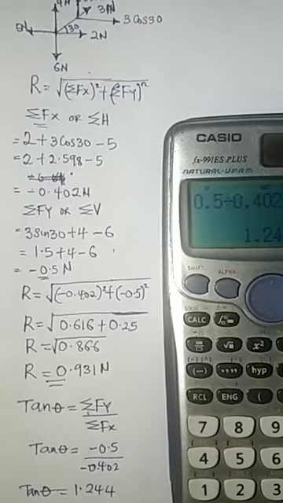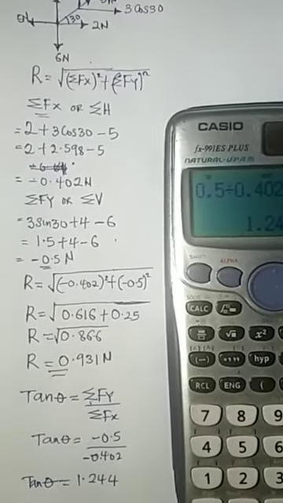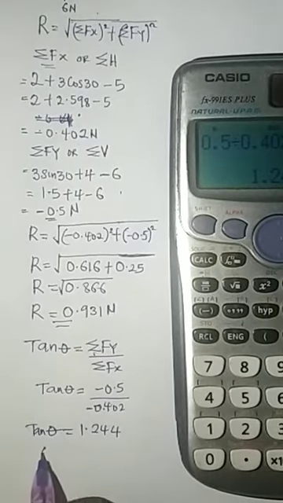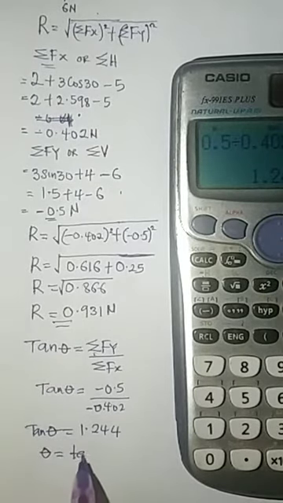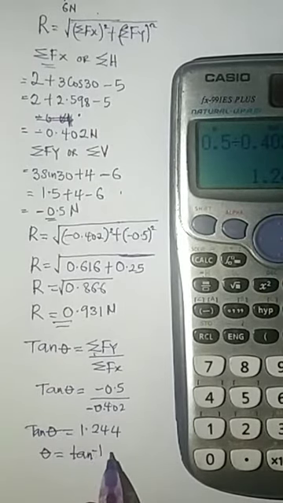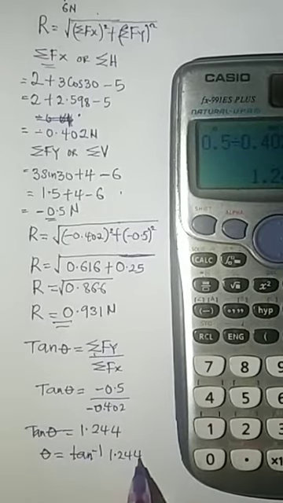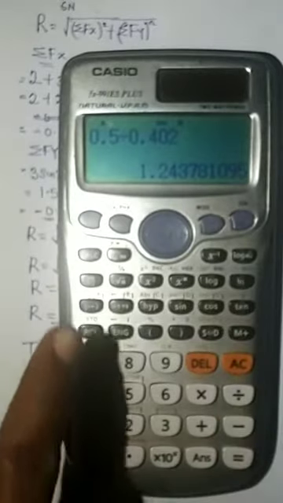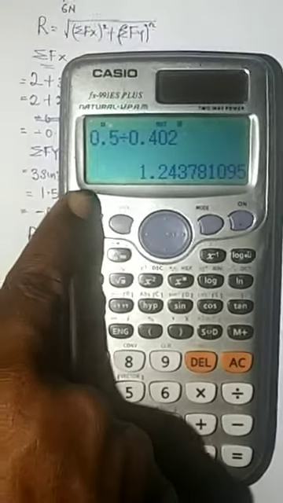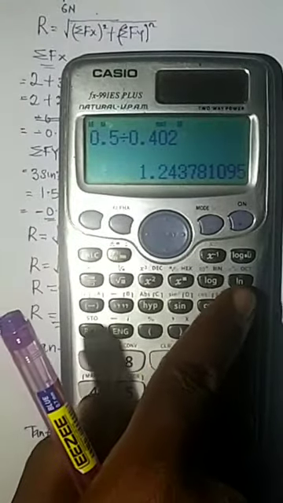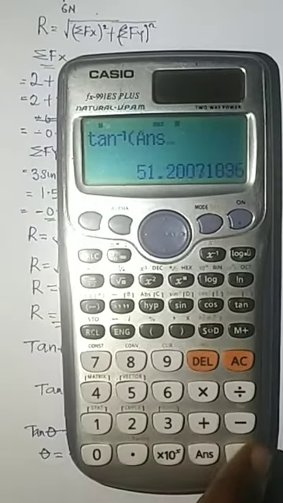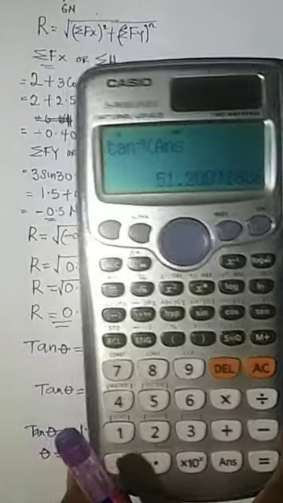I'm having 1.244. So in doing that, if I move further, my theta will give me tan inverse of 1.244. So I'll go to my calculator. I'll press shift, tan inverse of the answer, and that gives 51.20 degrees.